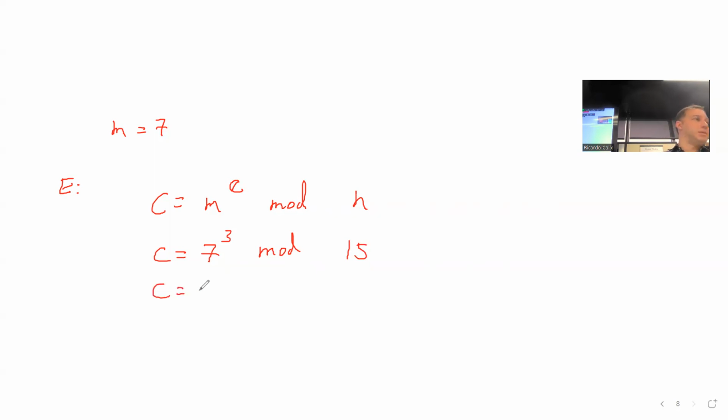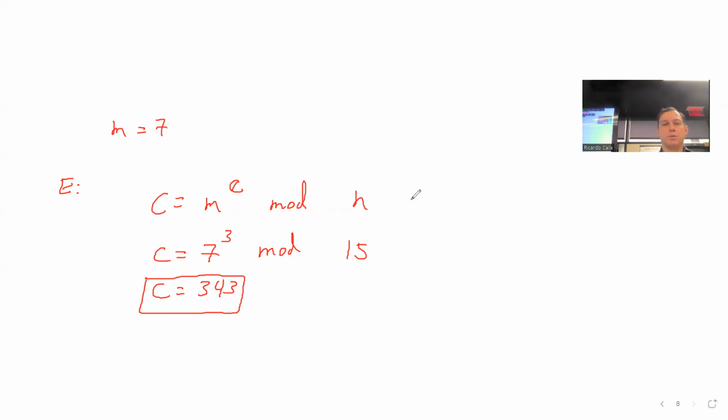We will implement this in Python on Thursday. And I believe the value for this is 343. So when you do the example on Thursday, you should get 343 in the number. And that's the encryption. Does that make sense? All right.